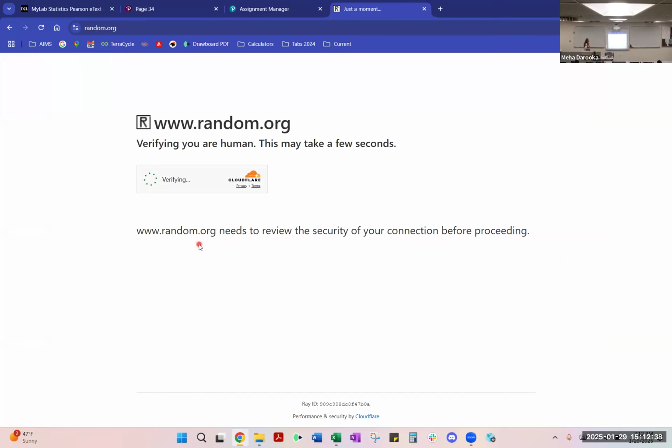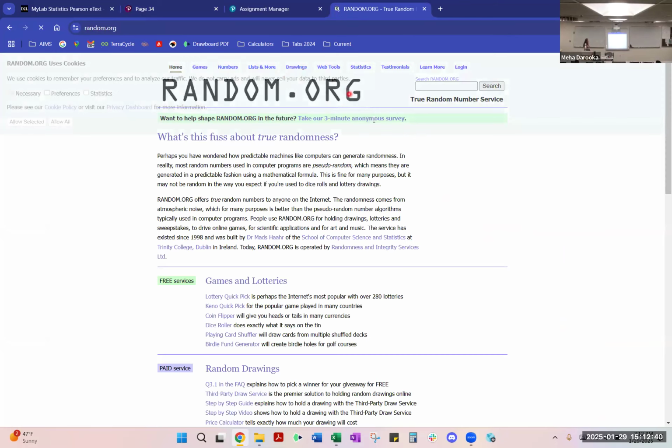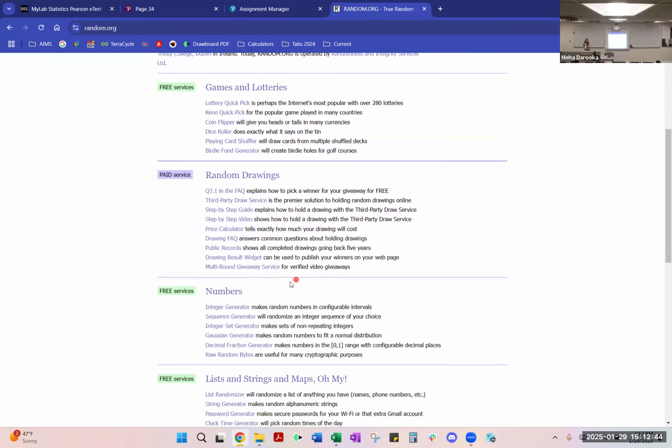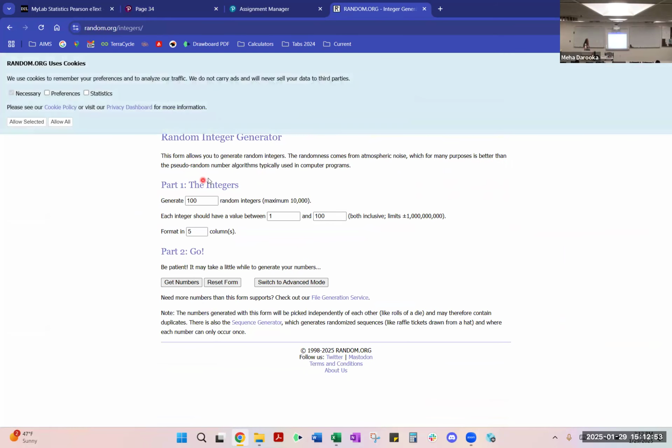And to save time, instead of using the little random number generator here, I would say scroll down and go to the integer generator. You will see it's under the numbers category. Then you can say, I want to generate 5 numbers. So change that to a 5, and then you can go from 1 to whatever is your maximum.